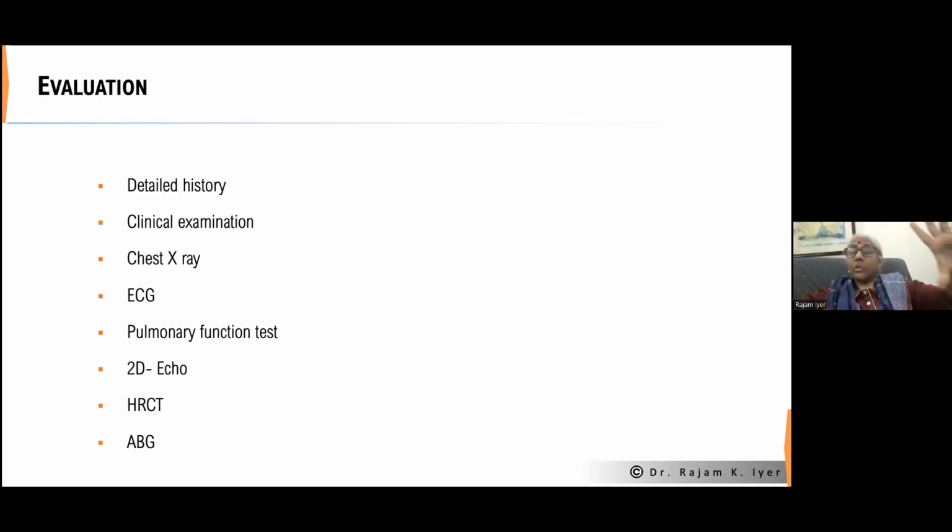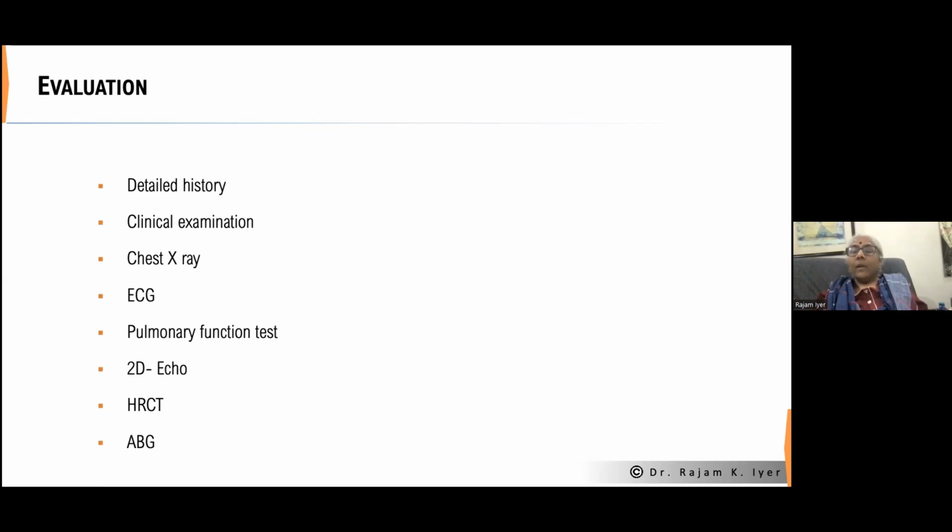Okay, so inspection itself will give you the differential diagnosis. So it's very important to inspect a bare chest. Extremely important. The next thing, after inspection, is palpation, which is a time-consuming activity, to do tactile vocal fremitus. It's okay if you can't do it. But when you do tactile vocal fremitus and percussion, you get a lot of differences.